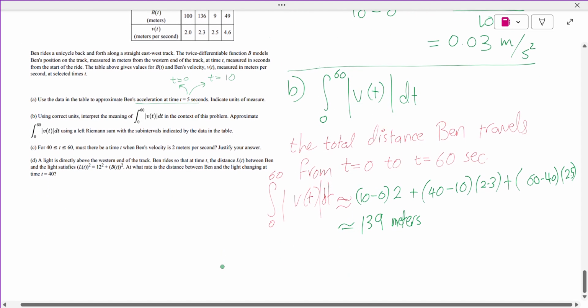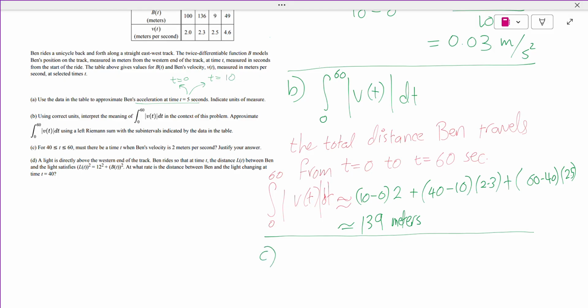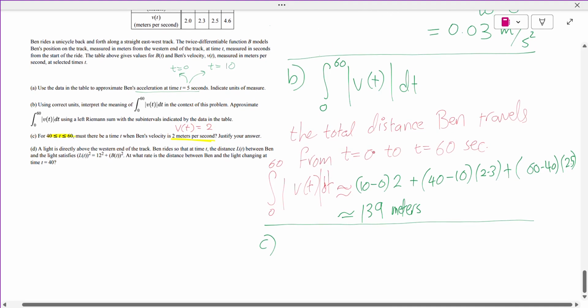Okay, so part C says for the interval, must there be a time t when Ben's velocity is 2 meters per second? So this is V of t equals 2 for the given interval. Let's apply the mean value theorem here and check if it applies or not.